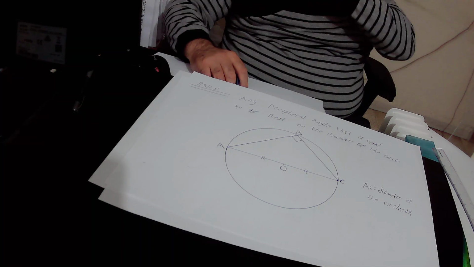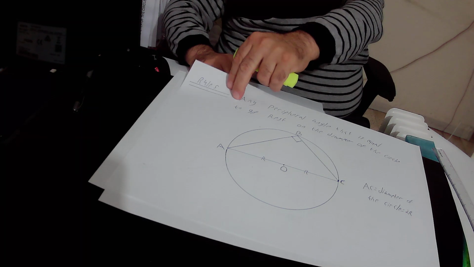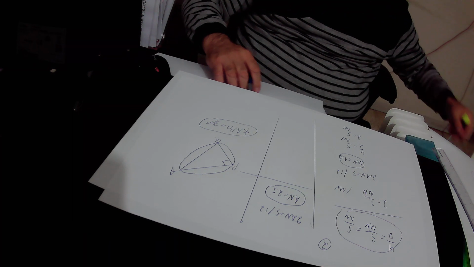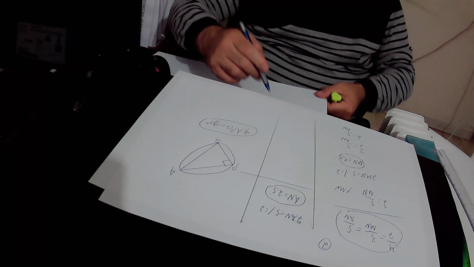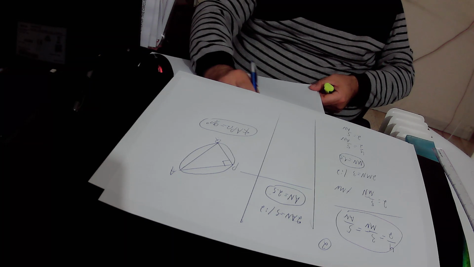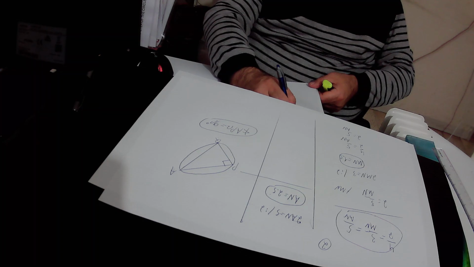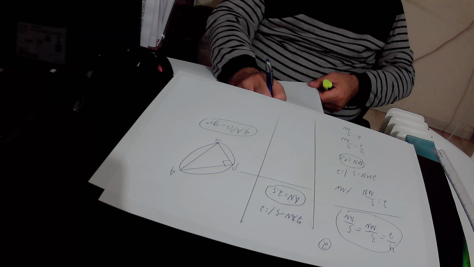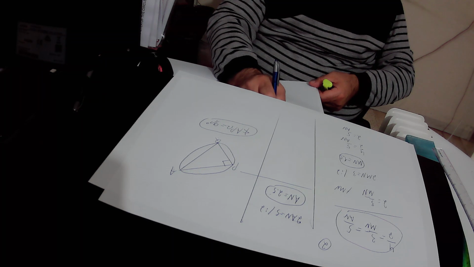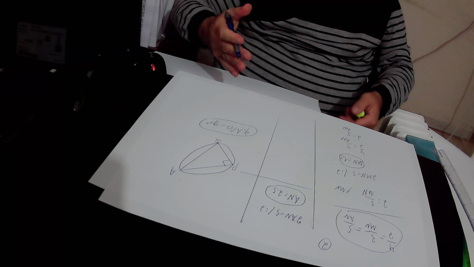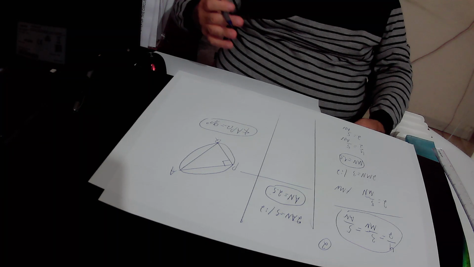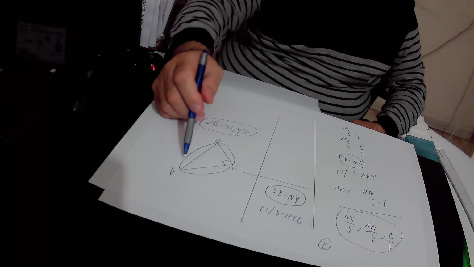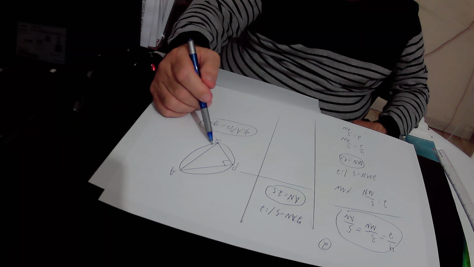So we will implement rule number 5 in our drawing. In our drawing, we have peripheral angle APQ that is equal to 90 degrees. According to rule number 5, any peripheral angle that is equal to 90 degrees must rest on the diameter of the circle. So peripheral angle APQ rests on chord AQ.